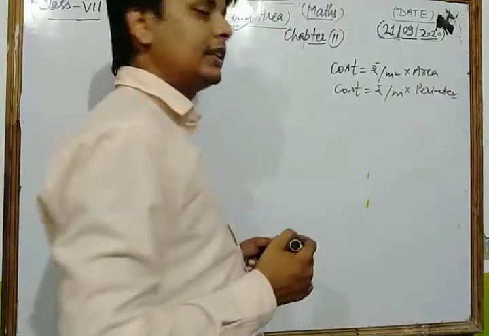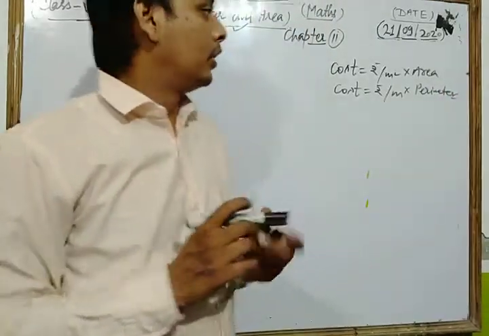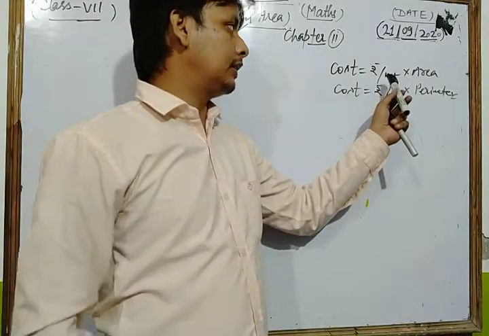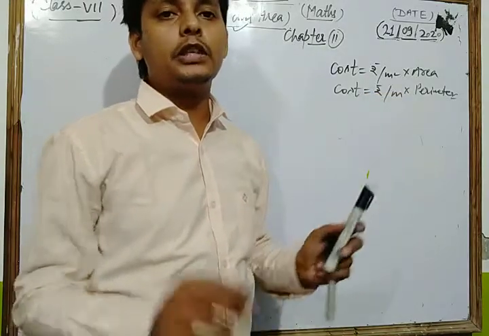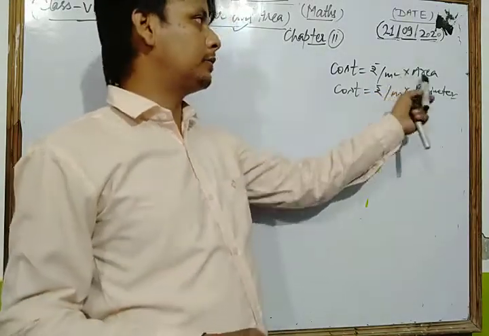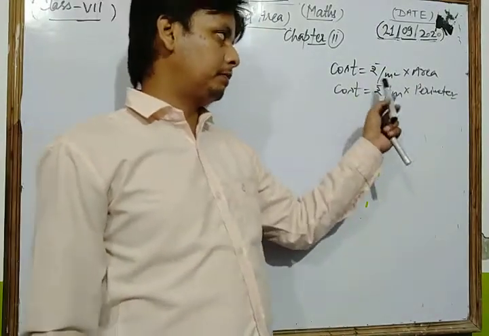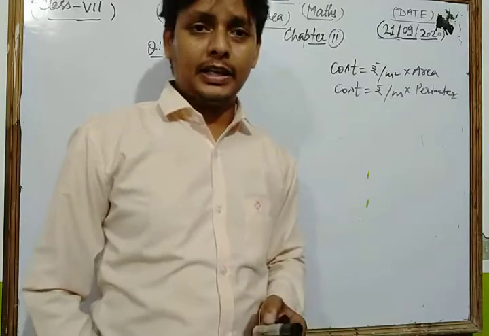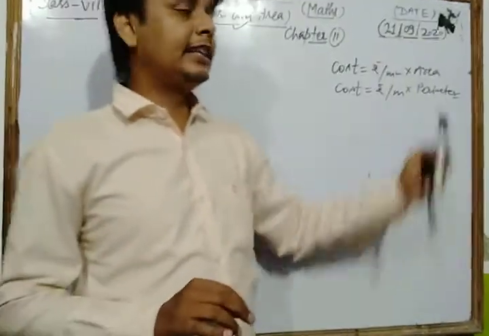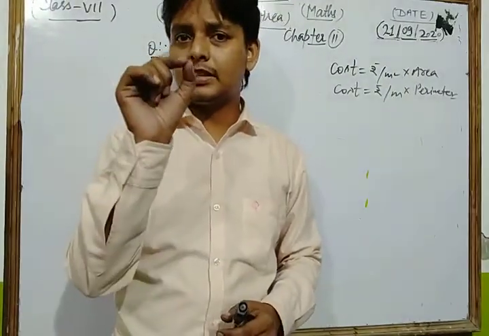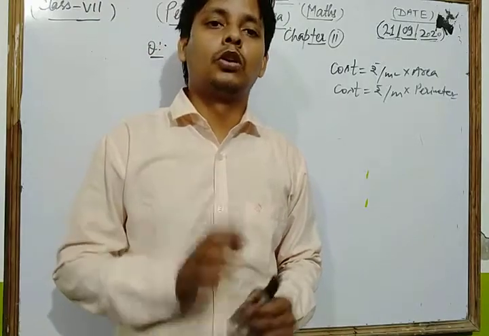In finding the cost, if the rupees are given per meter square, then you must multiply by its area. If the rupees are given per meter, then you must multiply by its perimeter. This is a very important concept of that formula.